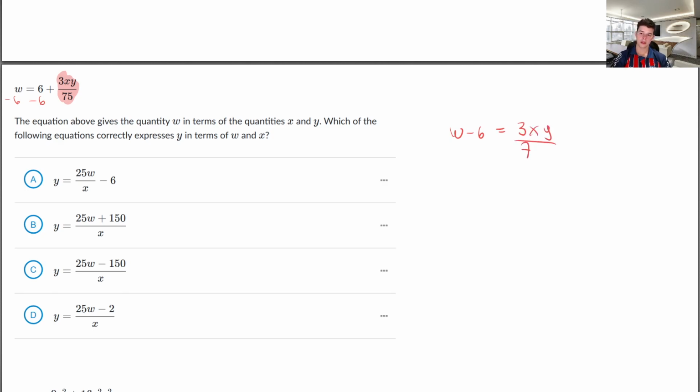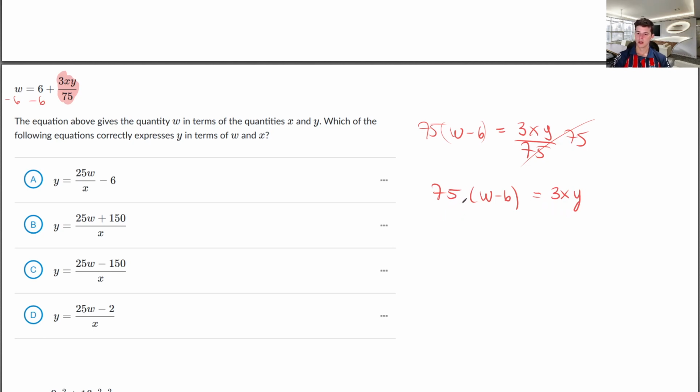So w minus 6 equals 3xy divided by 75. Okay, so I can do everything at once or I can do step by step. Let's do step by step. So I can multiply both sides by 75 to get rid of the 75 here. So 75 times w minus 6 equals 3xy. Nice.